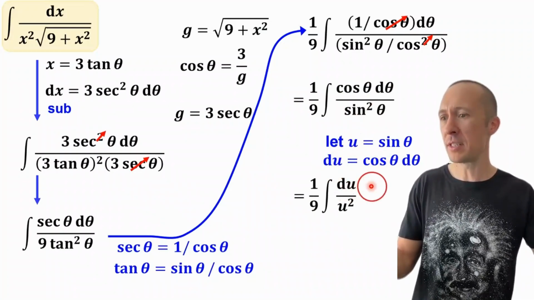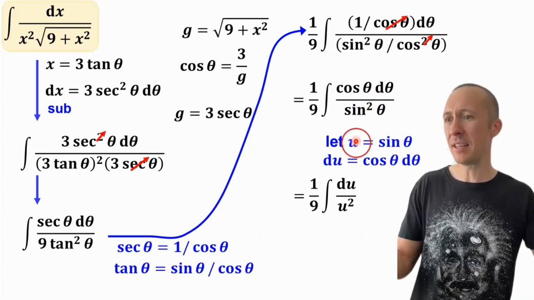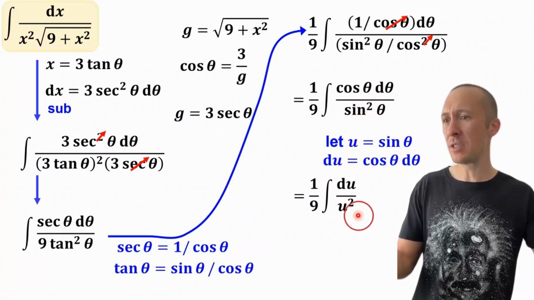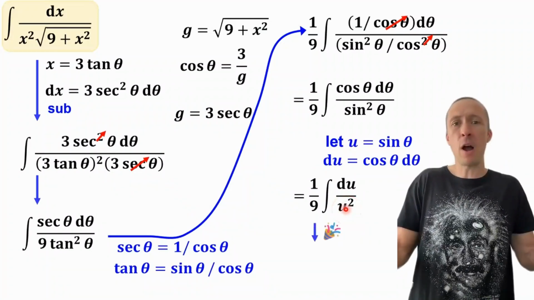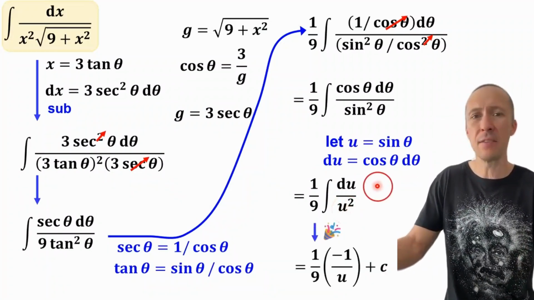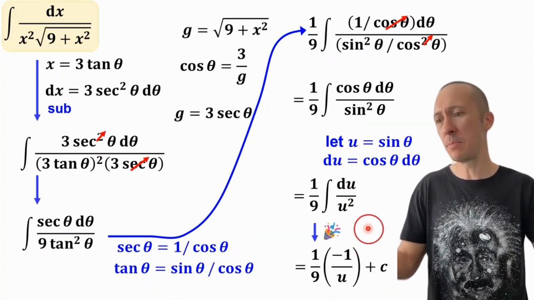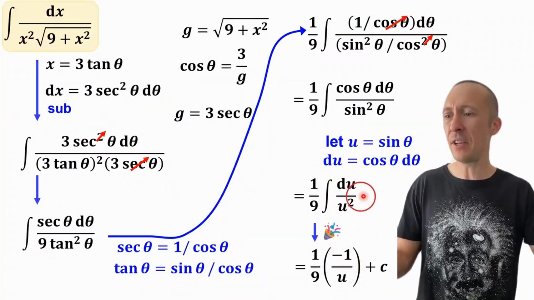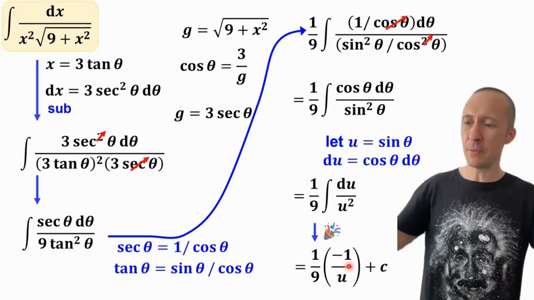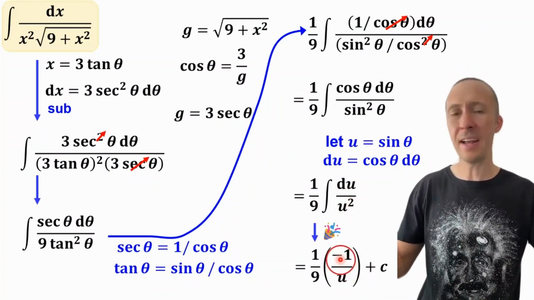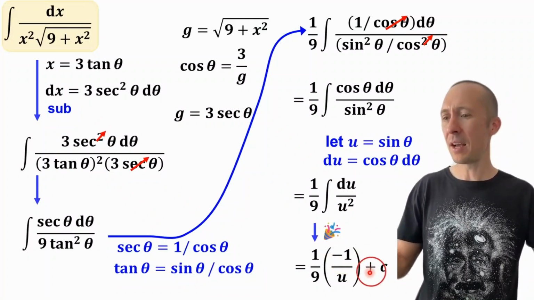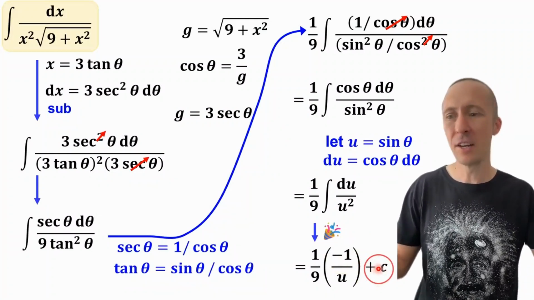So du is now in the numerator because that's cos theta d theta. Our u is sine, so sine squared is u squared. And yeah, we can reverse power rule this. This is like u to the negative 2, so we add 1 to the exponent. And then we have to have a negative here to account for the fact that if we were to go the other way, reverse chain rule, we'd need a negative to cancel out. And plus our integration constant here.